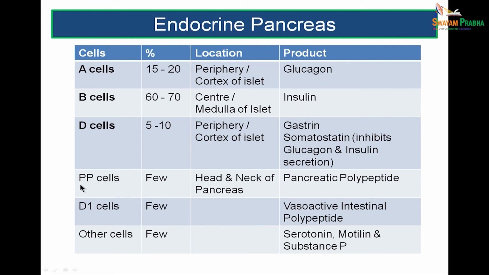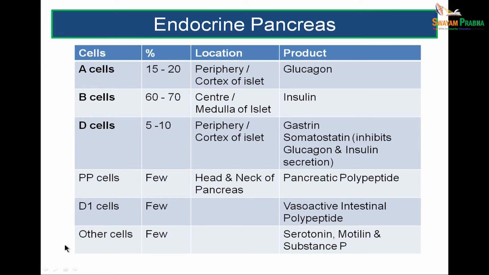The PP cells or pancreatic polypeptide cells are very few, in the head and neck of the pancreas. They secrete pancreatic polypeptide. The D1 cells again are very few and they secrete the vasoactive intestinal polypeptide.